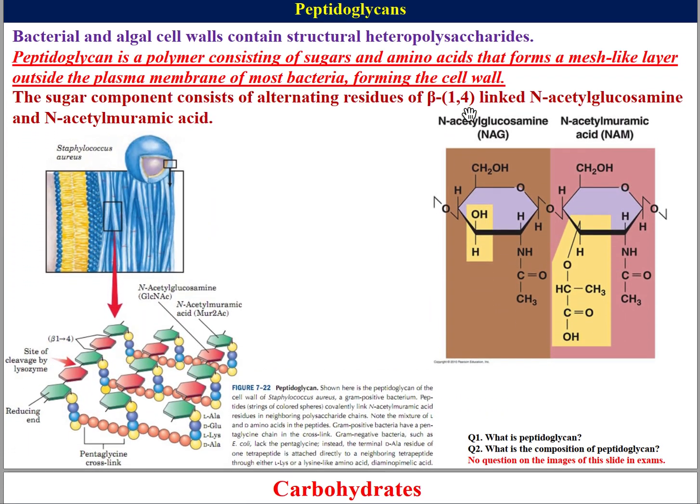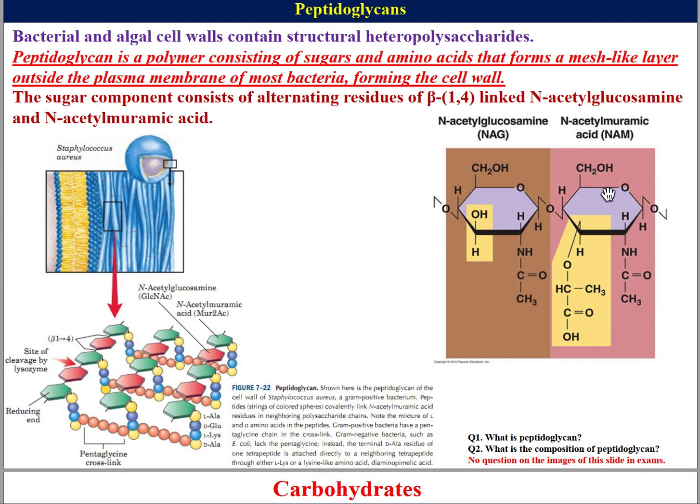Bacterial and algal cells contain structural heteropolysaccharide, and peptidoglycan is a polymer consisting of a sugar and amino acid that forms a mesh-like layer outside the plasma membrane of most bacteria, forming the cell wall. The sugar component consists of alternating units of beta-1,4 linked N-acetylglucosamine and N-acetylmuramic acid. This is the structure of N-acetylglucosamine, and this is the structure of N-acetylmuramic acid.